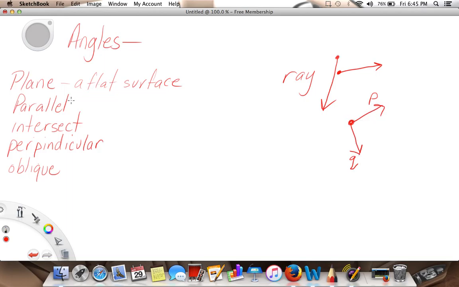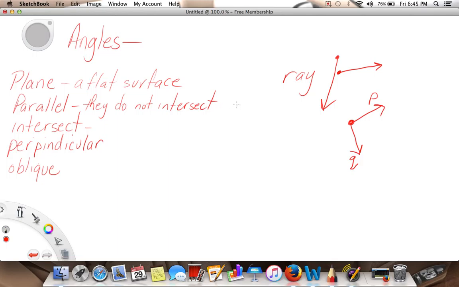Okay, parallel means when two lines are parallel, they do not intersect. Okay, and they also are going to stay the same distance from one another. That's the important part about parallel. Okay, so in the textbook it says when lines do not cross but they stay the same distance apart, they are parallel.